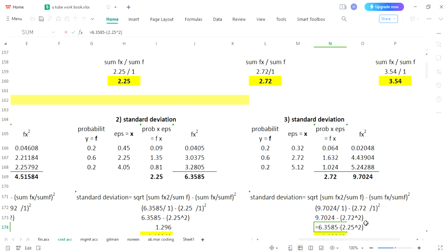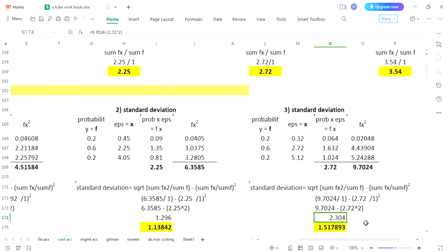So the same we are going to change over here: 9.7024 minus 2.72 and its square.